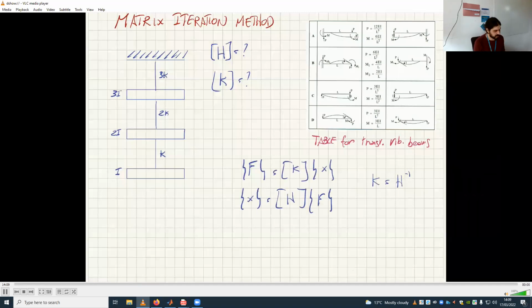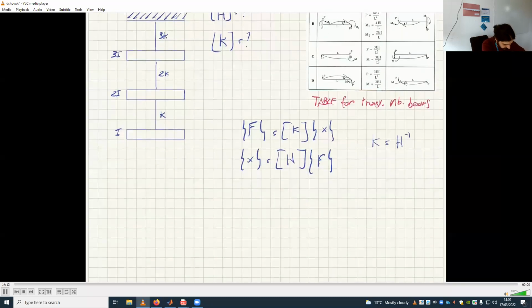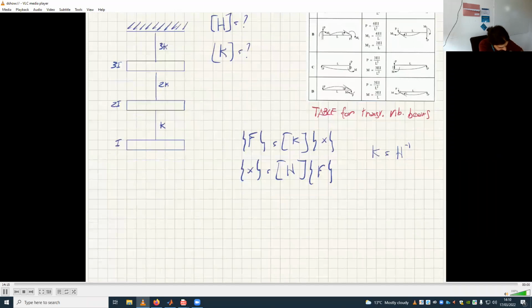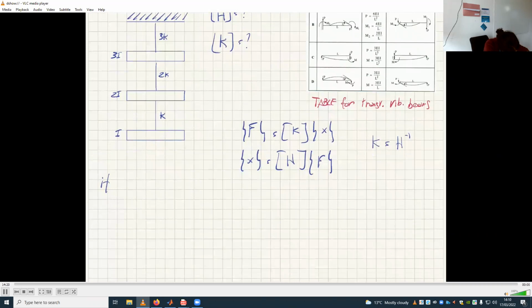So if I apply one force, F1 is a unit force, and F2 equals F3 equals 0. This is exactly the direct stiffness method, but the other way around.